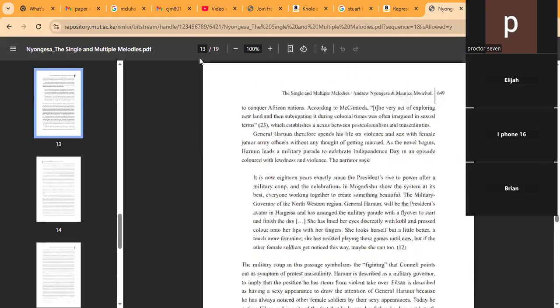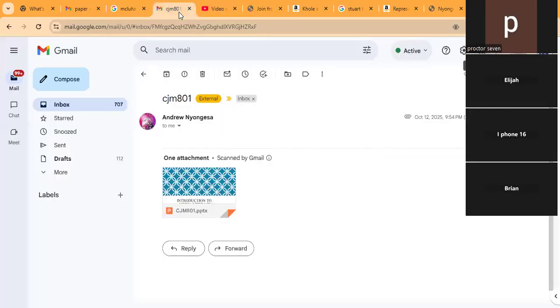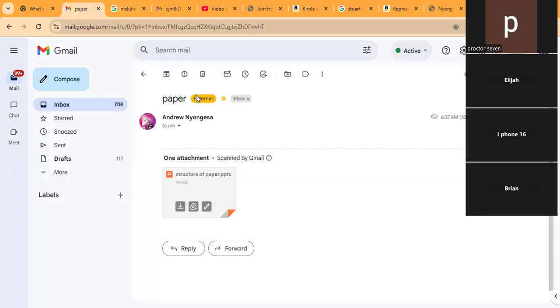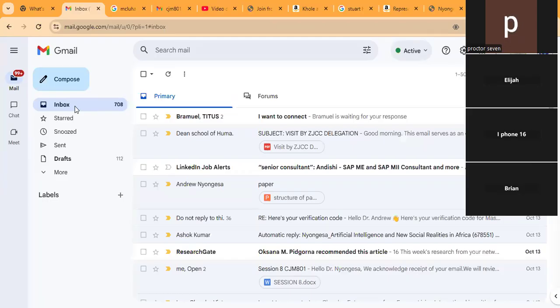There is one I received yesterday. We are writing a book on artificial intelligence and how it affects different fields of knowledge, and I received a paper from one of my colleagues. I don't know if I can find it.